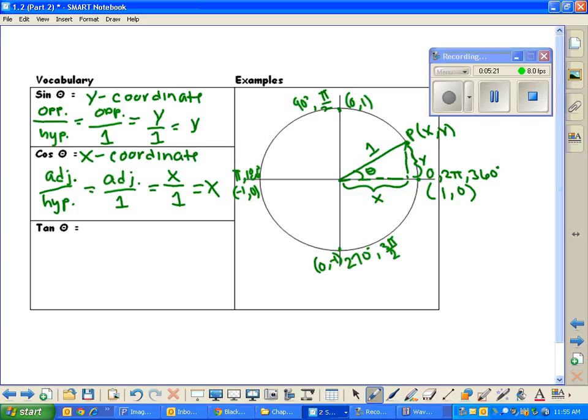Now, tangent. Well, we know the trig ratio for tangent. Let's just look at this triangle without the circle. We have an angle. We're trying to find the tangent of that angle. What do we write? Tangent of the angle equals what over what? Yes, exactly.